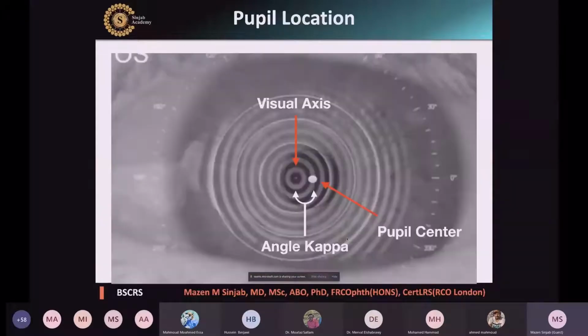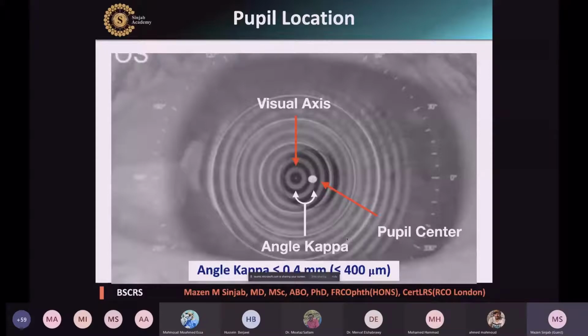Regarding the pupil location, because it indicates angle kappa, if angle kappa is larger than 400 microns, then there is a contraindication for premium IOLs, as I mentioned before. And if we are planning for LASIK or PRK, then we have to centralize the profile.